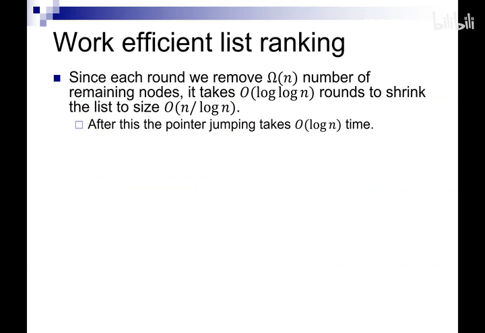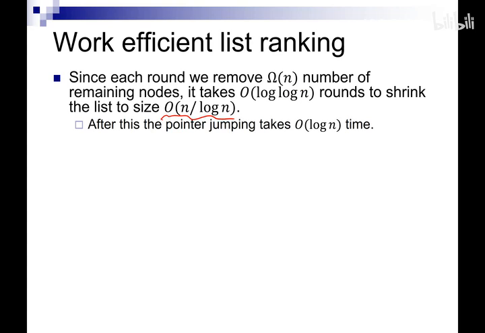Okay, so the first thing is that as you take out the nodes, we saw that each time you could find an independent set of size omega n. So you can take out a constant fraction of the nodes, right? And then we wanted to end up with n divided by log n number of nodes.